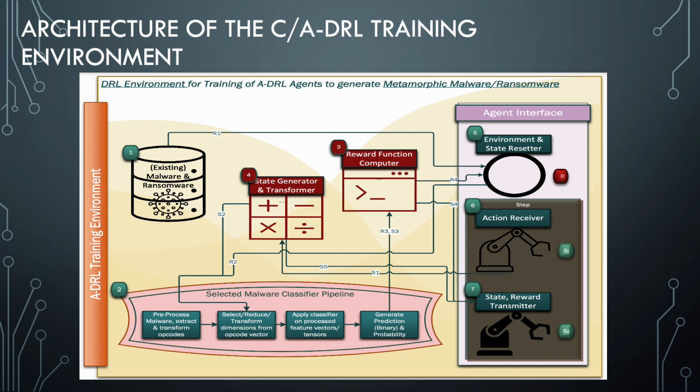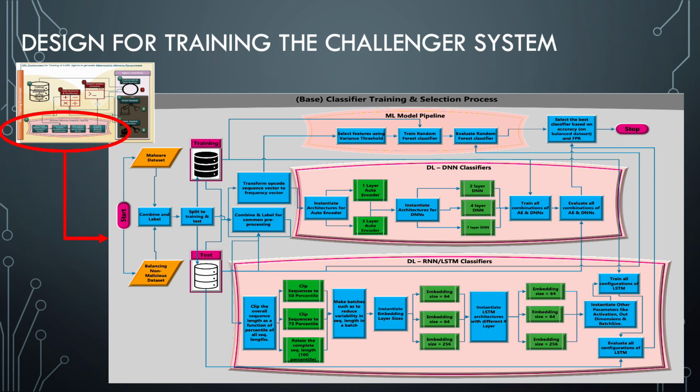This component receives the action from an agent, and as per that action, it will transform the internal state of the malware. And then number seven is the state reward transmitter. Whatever reward comes out from the agent's action, this component will give it to the agent such that the agent could learn a policy. So this is a design for training the challenger system, and this challenger system is the zoomed-up version of component 2 that we showed earlier.